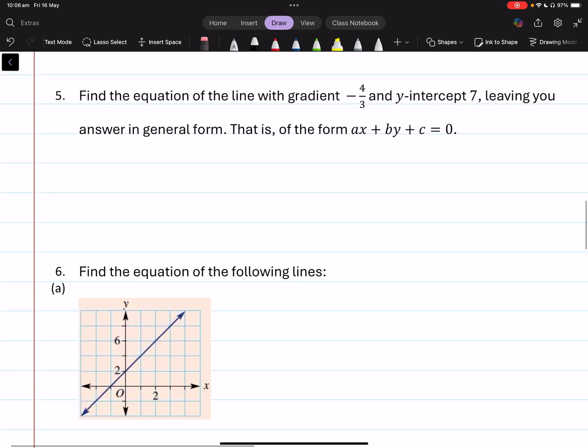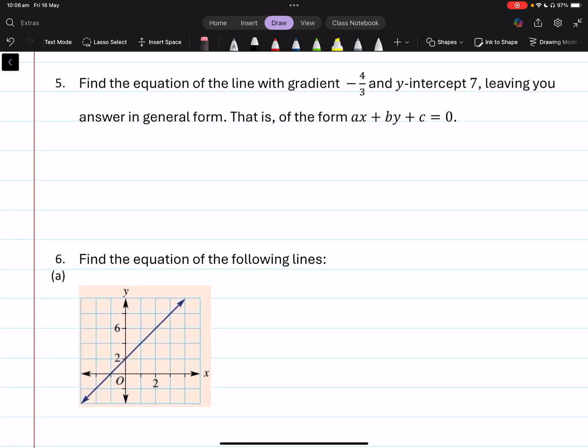All right, question 5. Find the equation of the line with gradient minus 4/3 and y-intercept 7, leaving, that should say leaving your answer in general form. That is of the form ax plus by plus c equals 0. Okay, so first let's write it down in gradient intercept form.